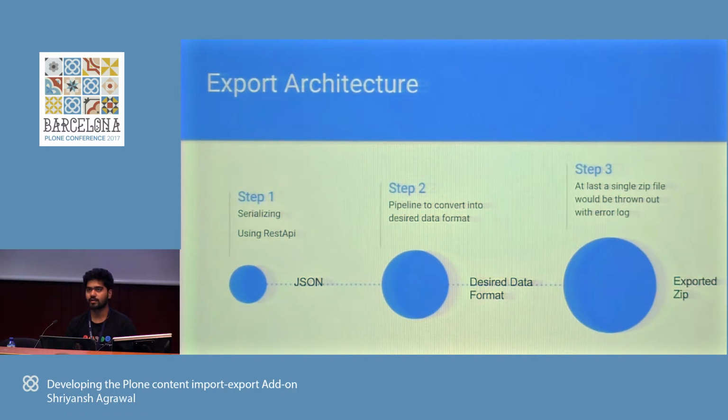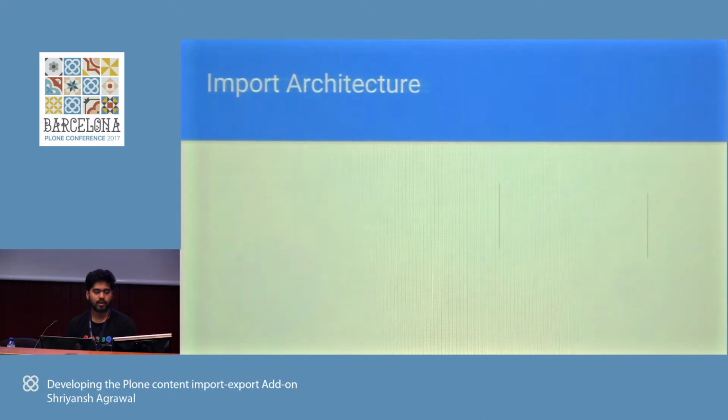Export is really simple, and it is really cool because it supports all blob files and all of the content types that Plone supports, and it can also handle all of the behaviors and other data types that are created by the user, that are not universal to Plone, but created by the user for their company or for their product. So let's now see the import architecture.